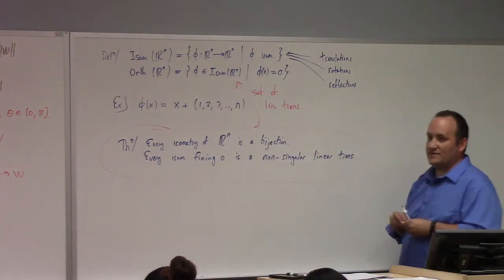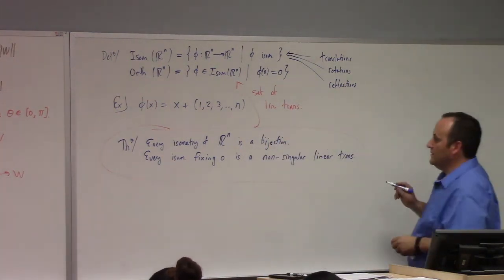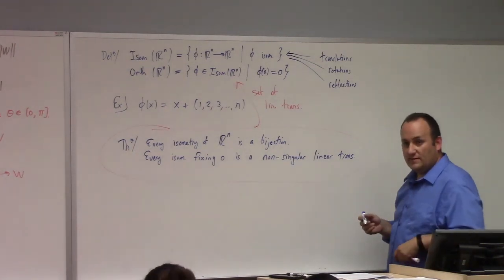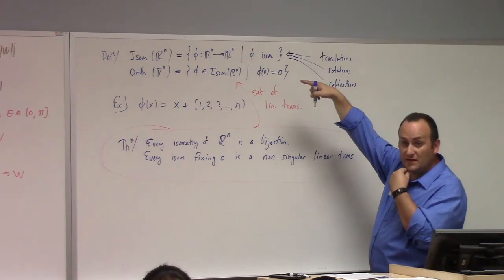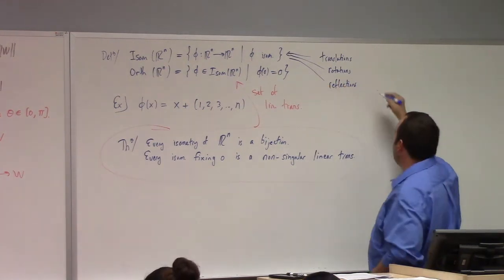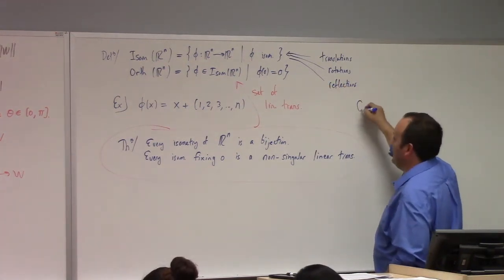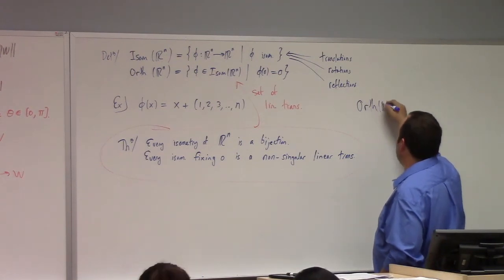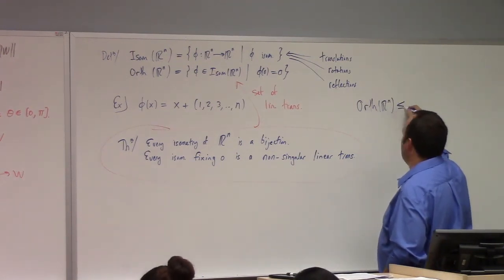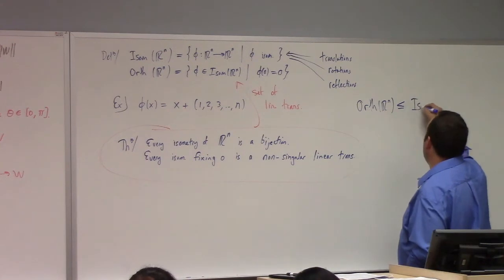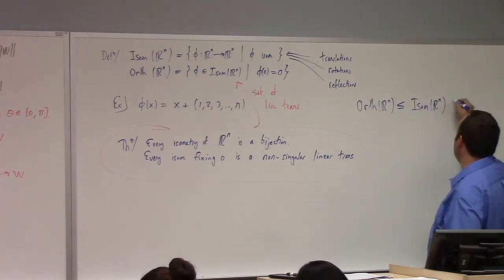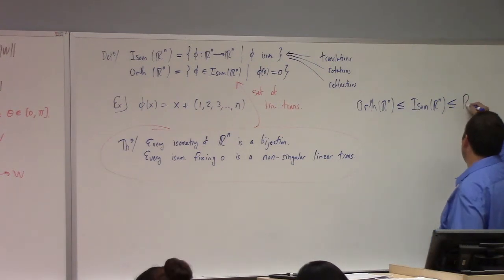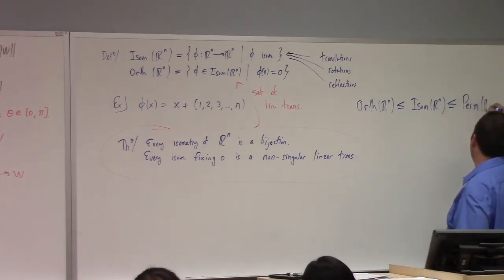What does the first sentence tell us? Provided that these are groups, and you can prove that both of the things I've written up here are in fact groups, they satisfy the axioms of a group. Just to summarize, the orthogonal group of Rn is a subgroup of the isometries of Rn, which is itself a subgroup of the permutations on Rn.